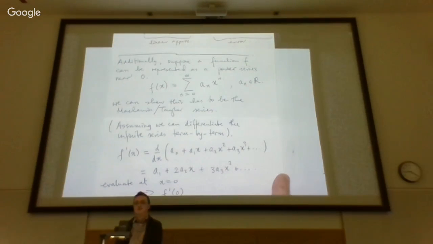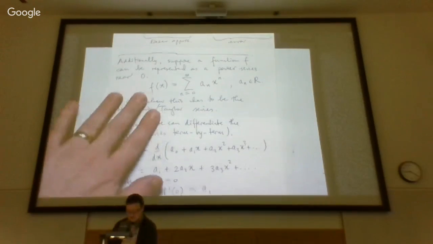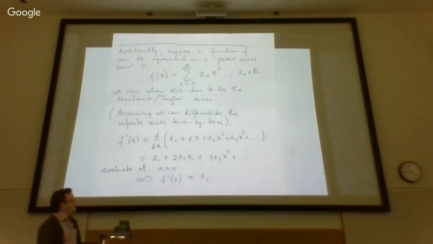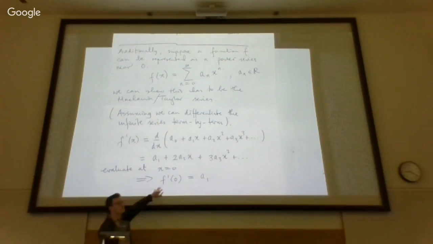So every term goes to 0 when you substitute in x equals 0, and all you're left with is just the a1 on the right-hand side. So that's telling us that the coefficient of x in the power series has to be the first derivative of f evaluated at 0, as it is in the Maclaurin series.